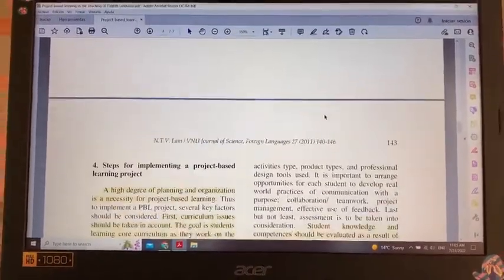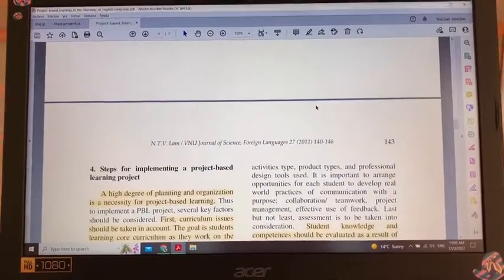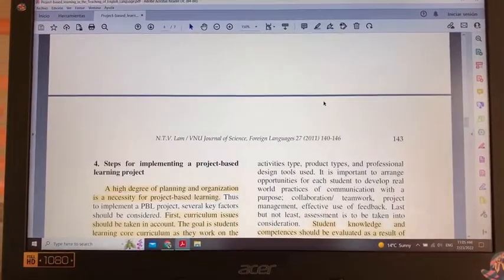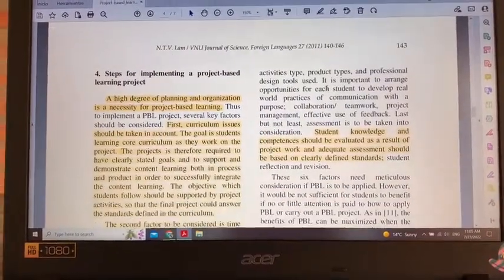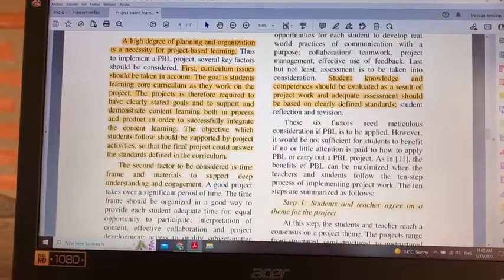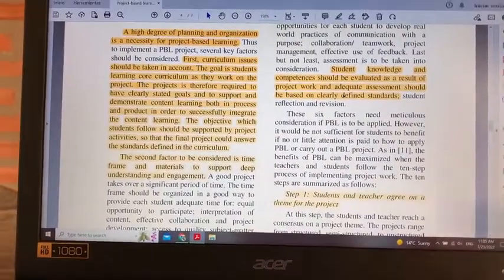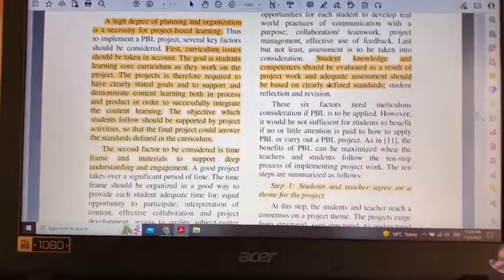Before she goes into the steps for implementing PBL, she mentions 6 key factors that should be taken into account in order to start with this process.